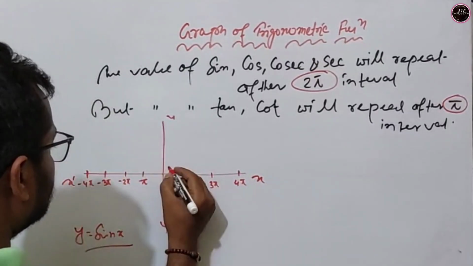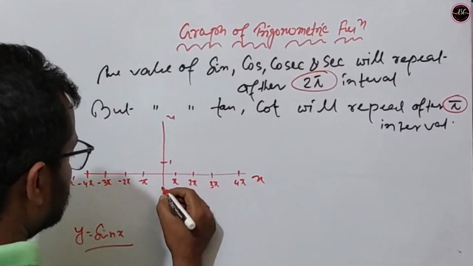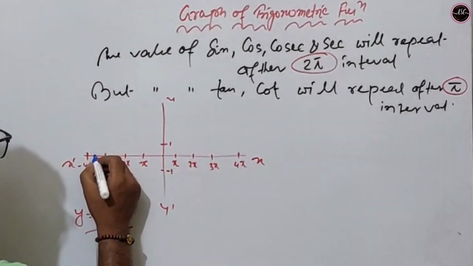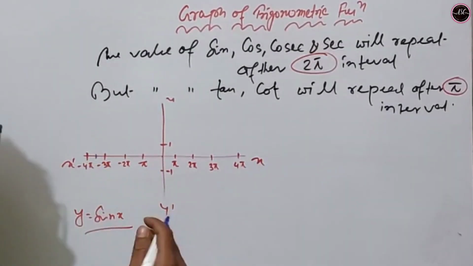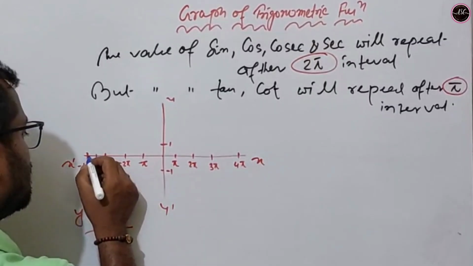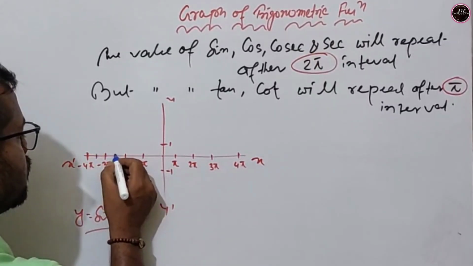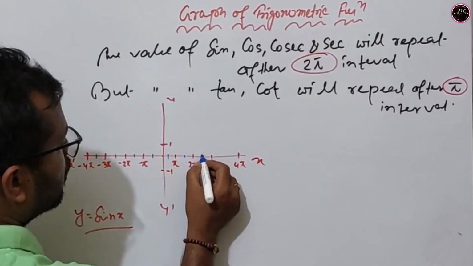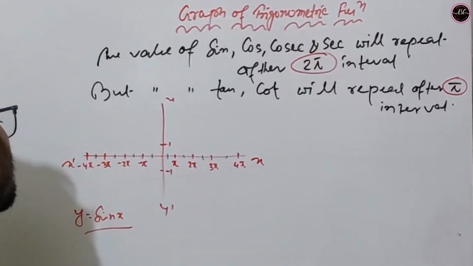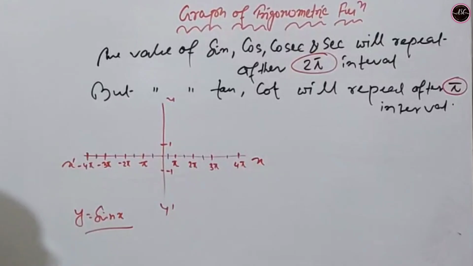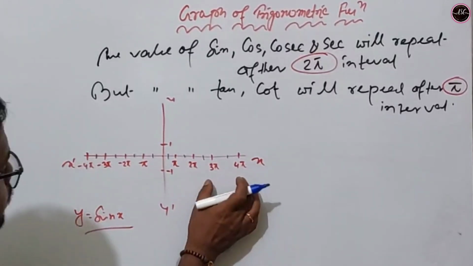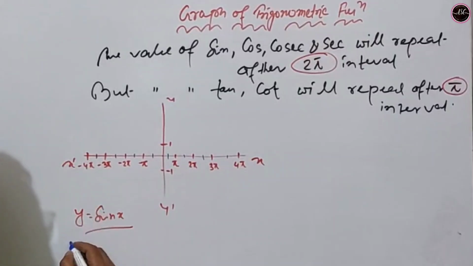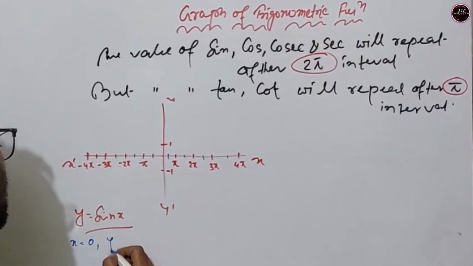This is the value of 1, and this is the value of minus 1. Now look, the middle point will be half of pi, that means pi by 2 each time, so we draw the difference of pi by 2. Now the graph will be: if x equal to 0, then y equal to 0.